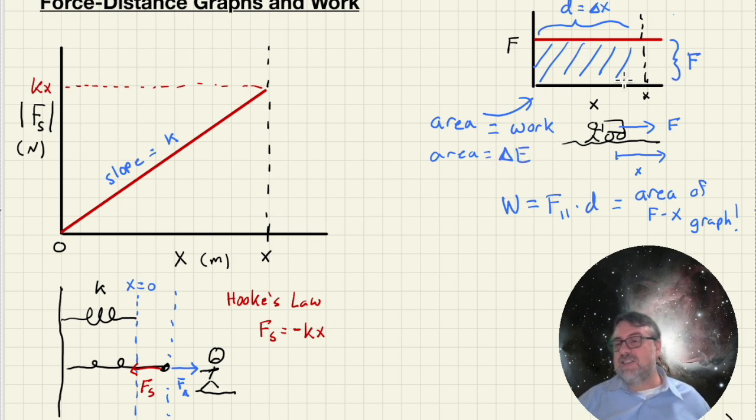Well, that's true and trivial for a constant force. However, that means that I now have the ability to calculate the work being done by a force that's changing.